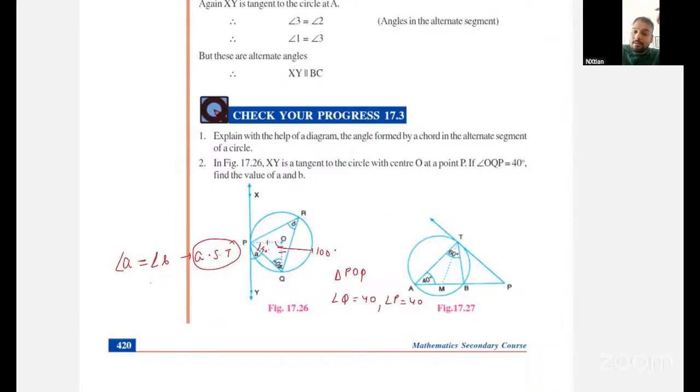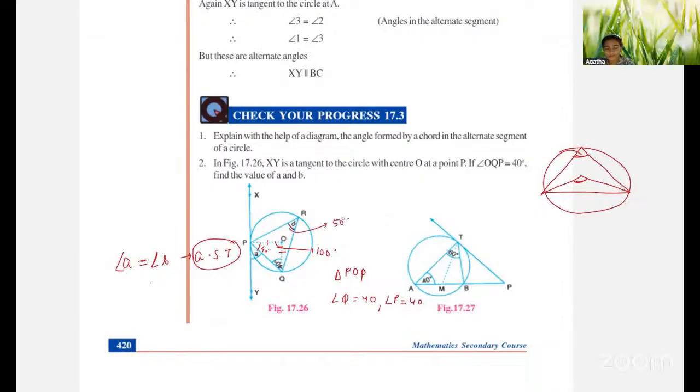PQ is the same chord which makes the angle at the center, which is O, and on the circumference, which is B. It means that if this is 100, then this will be half of it, which is 50. And if this is 50, then this is also 50 because of the alternate segment theorem.